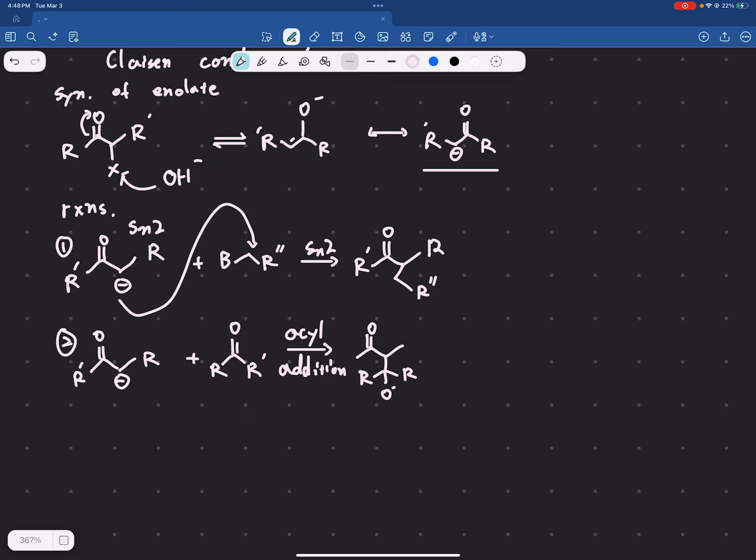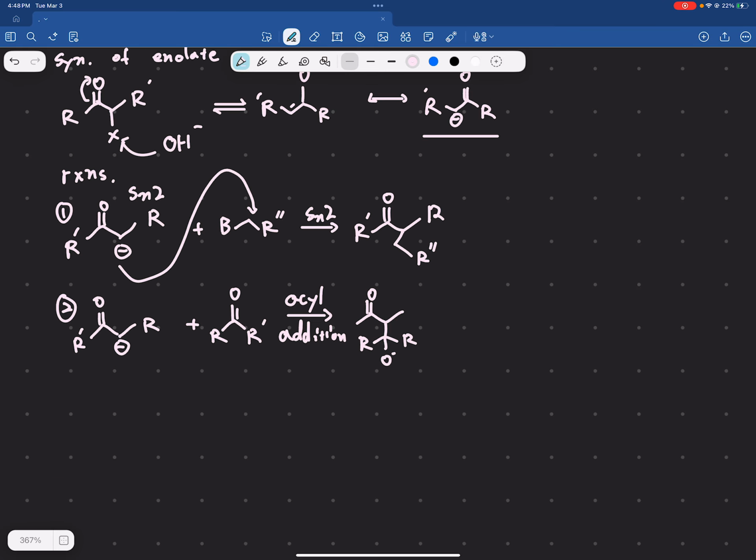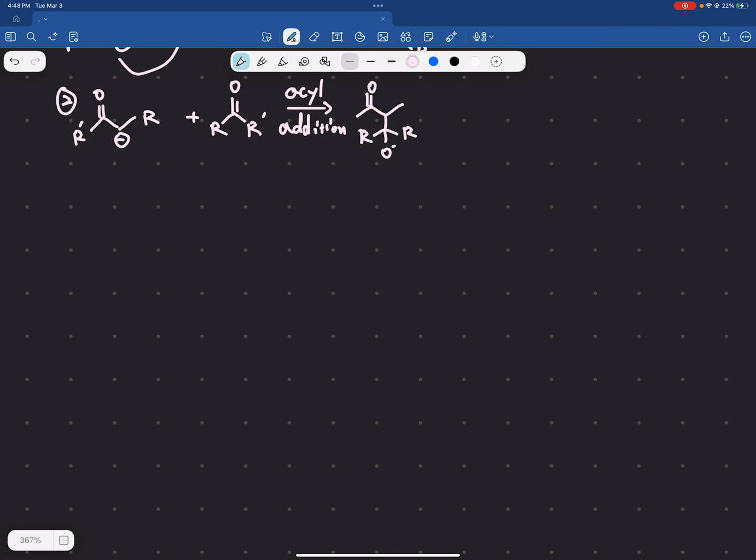So let's move on to some particularities about enolate ions. So enolate ions can react both at the oxygen or at the carbon. So let's put a drawing of an enolate ion here. And the negative charge on that carbon.